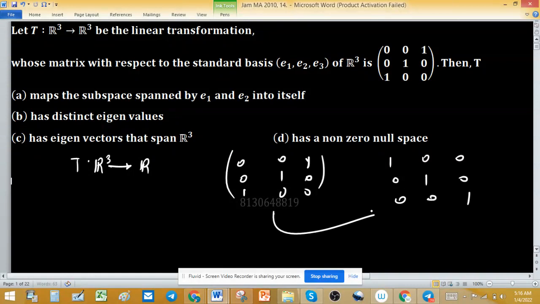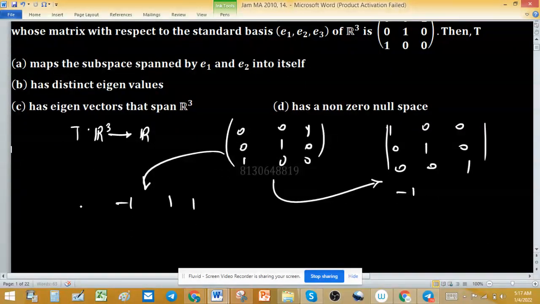So the determinant of this matrix is negative times the determinant of this matrix, because we have interchanged two rows, and this is a diagonal matrix, and the determinant of a diagonal matrix is the product of its eigenvalues. The eigenvalues of this matrix are 1, 1, 1, but one eigenvalue will be negative, because we are seeking the eigenvalues of this matrix. So the eigenvalues of this matrix are minus 1, 1, 1. So we are seeking the eigenvector corresponding to lambda equals 1.